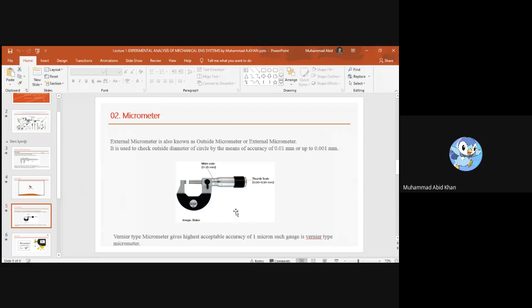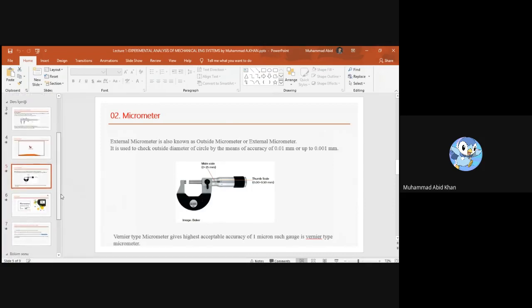As you can see this micrometer in the figure, the Vernier type micrometer gives the highest acceptable accuracy of 1 micron. Such a gauge is a Vernier type micrometer.